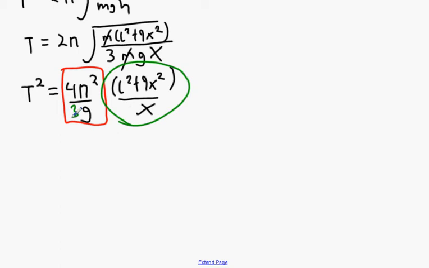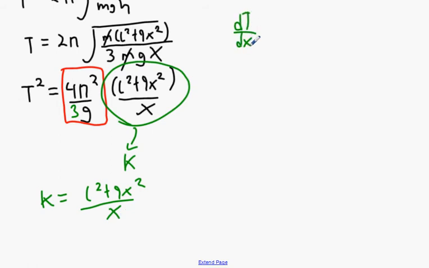I'm going to rename this k, so that k equals L squared plus 9x squared all over x. Now here's the gist, guys. If I was to do dT dx, it gives the same x values as dT squared dx, which in turn gives the same x values as dk dx. The constants don't matter. Okay?